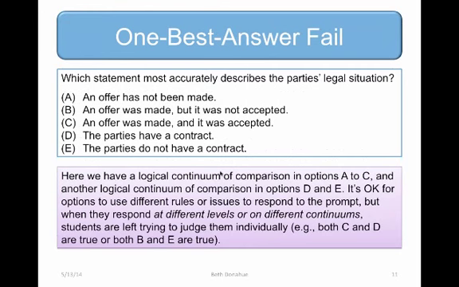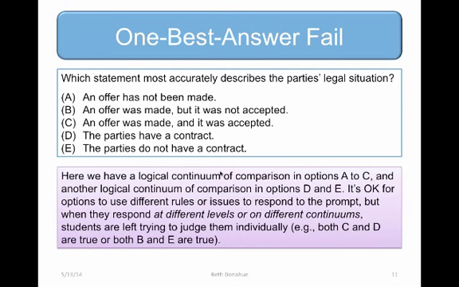And here's a one best answer fail, which violates the principle that I just laid out, where all of the options are on the same continuum. Which statement most accurately describes the party's legal situation? If you look at A, B, and C, all of those responses are focused on whether an offer was made and accepted, whereas D and E are at a higher level, focusing on whether there's a contract or not.